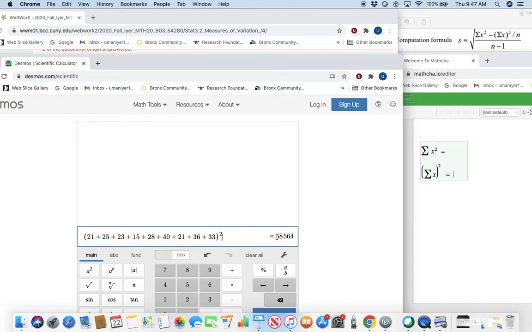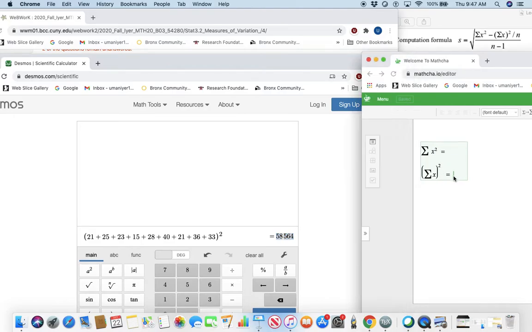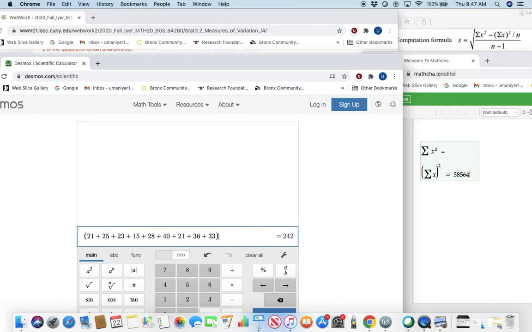That is 5, 8, 5, 6, 4. So add all the x's, then take the power. For summation x squared, you don't first add, you first take powers. All right, so that gets me 7030.